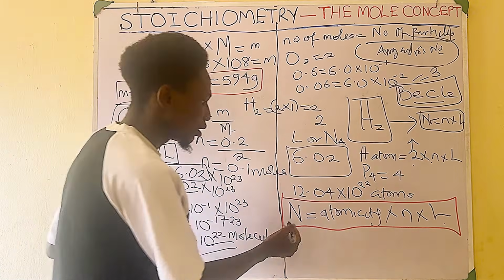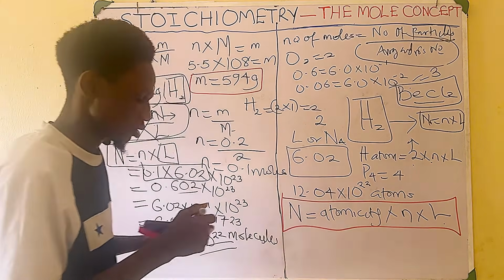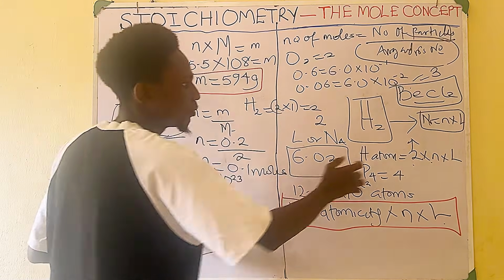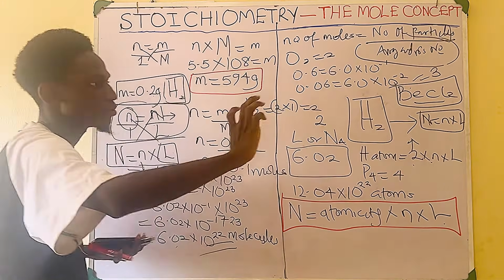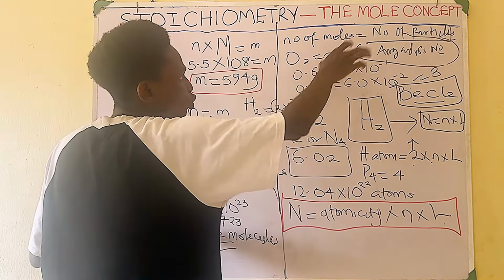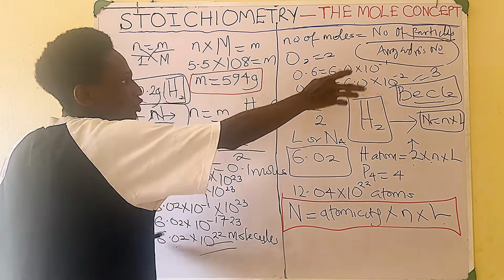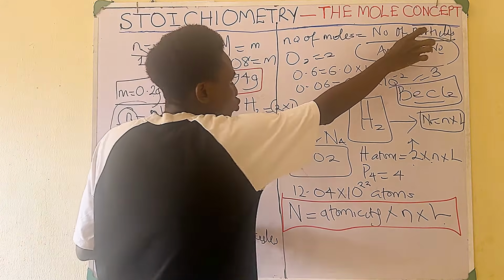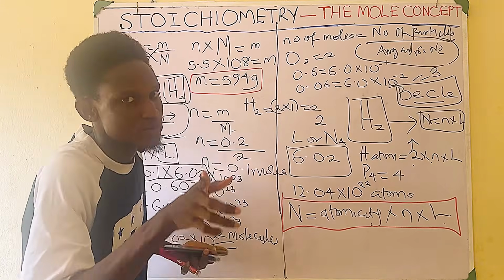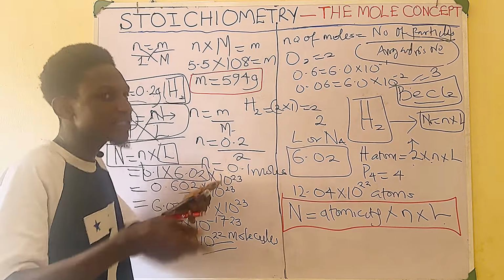So now, this is the formula for number of atoms, if you are given a molecule or compound. But if you are given an atom, just simply use your number of moles and Avogadro's number from this relationship. So you derive everything from this relationship and the number of particles. Because it said number of particles, and the question gave you a molecule, I now say look for the number of atoms. So I have to use atomicity because it's the number of atoms.